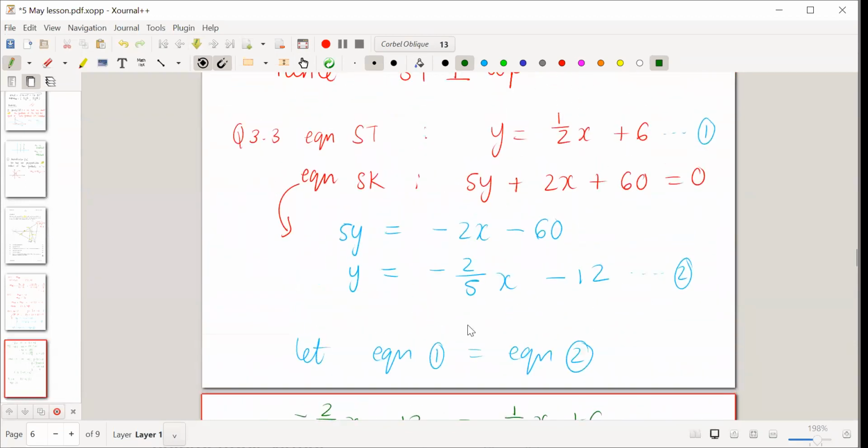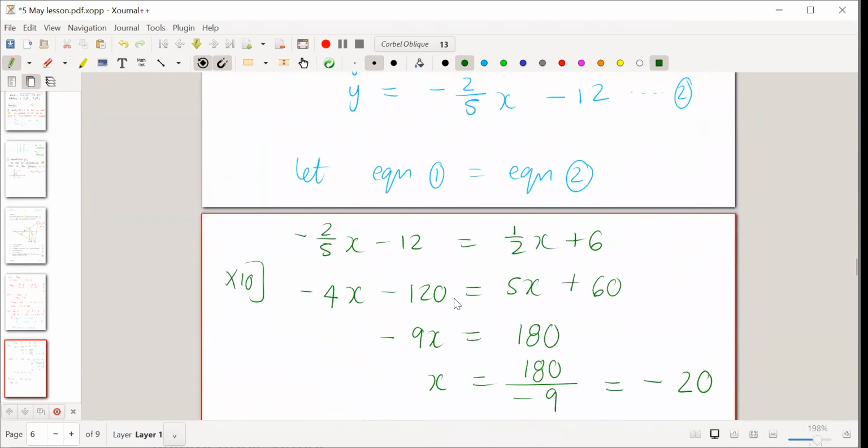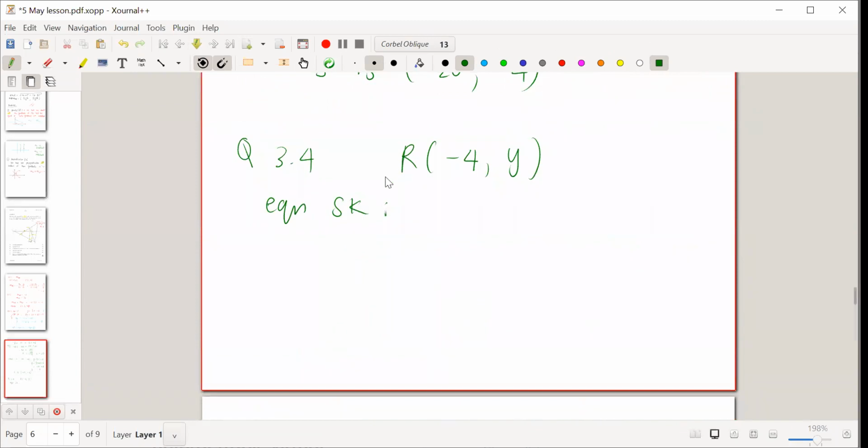Here was the equation of SK, but we rewrote it like that. So it's y equals -2/5 x minus 12. We're now going to substitute in -4. So y equals -2/5 times -4 minus 12.